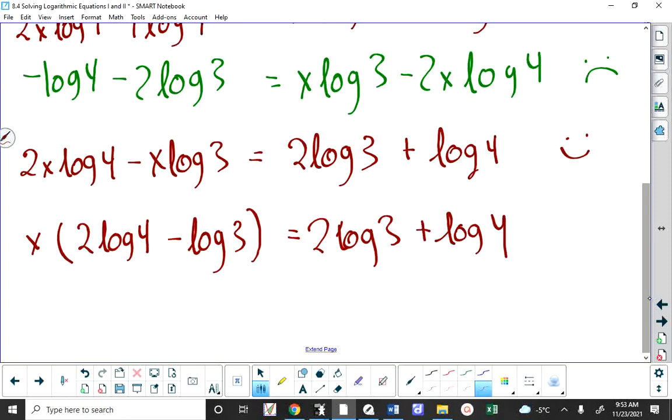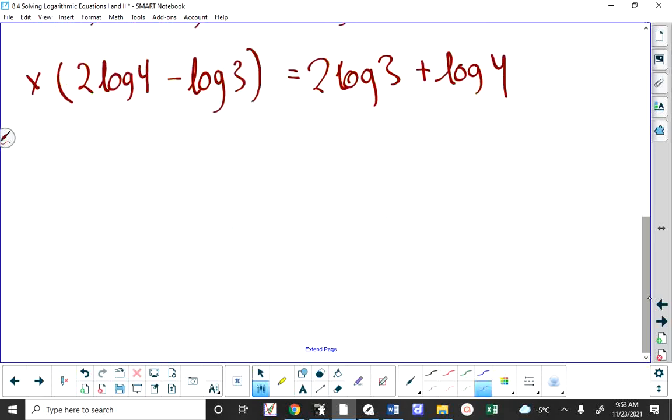And let's face it, if 2 was just a number, log 4 was just a number, log 3 is just a number, then 2 log 4 minus log 3 is just a number. That's all it is. It has a value that's probably important in this question, but it is merely a number. So if you had x times 12 equals 70, you would divide both sides by 12 to get x.